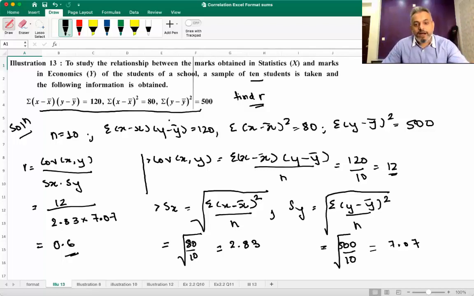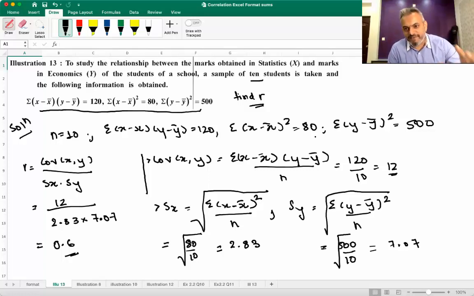Now the question comes, why did we go for this lengthy method, finding standard deviation of x and standard deviation of y? Because when you go to the formula page given in the textbook, please come to page number 67. The first formula given is r is equal to covariance x comma y upon standard deviation of x into standard deviation of y.